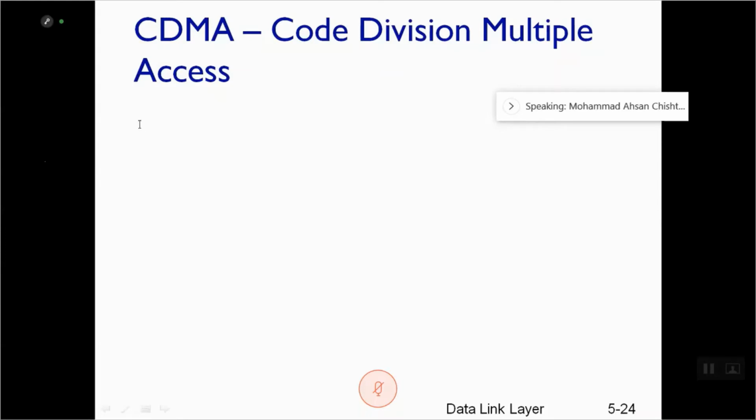So what basically CDMA is, it is communication with different nodes. I'll give you an example to understand. When I said how can we transmit simultaneously, it's like in our class.